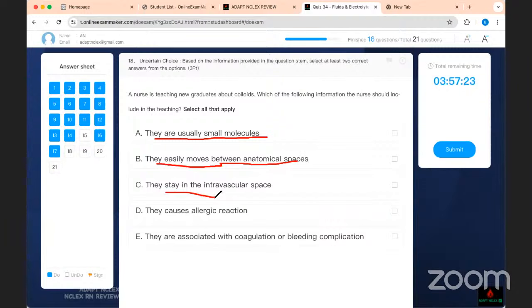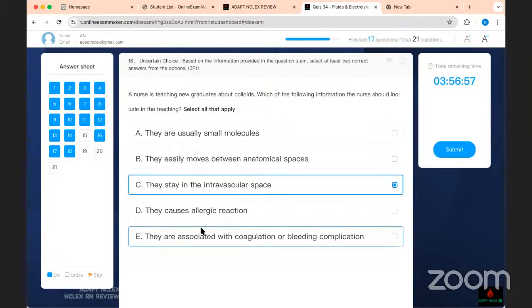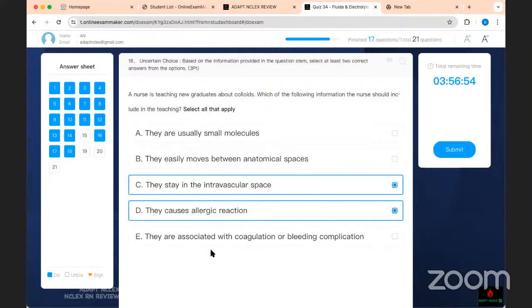They stay in the intravascular space. They cause allergic reaction, and they are associated with coagulation and bleeding problems. So this is one of the things you have to know, the difference between them. They are not small, they're big. They can easily move? No, they don't do that. They stay in the intravascular space, cause allergic reaction, and are associated with coagulation problems.